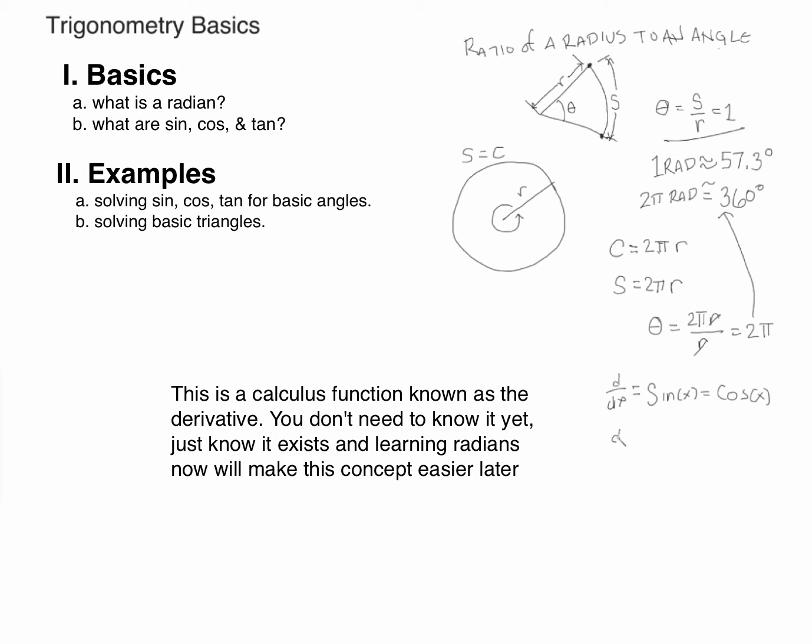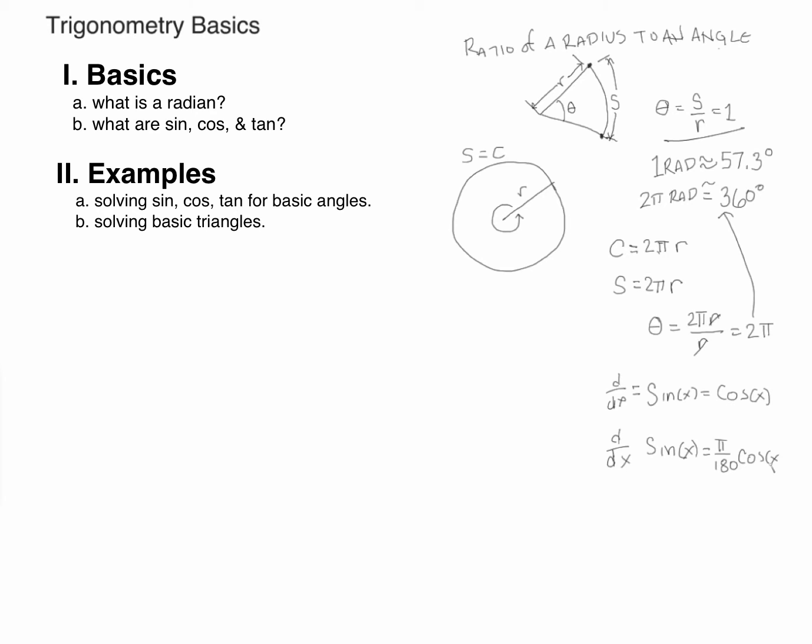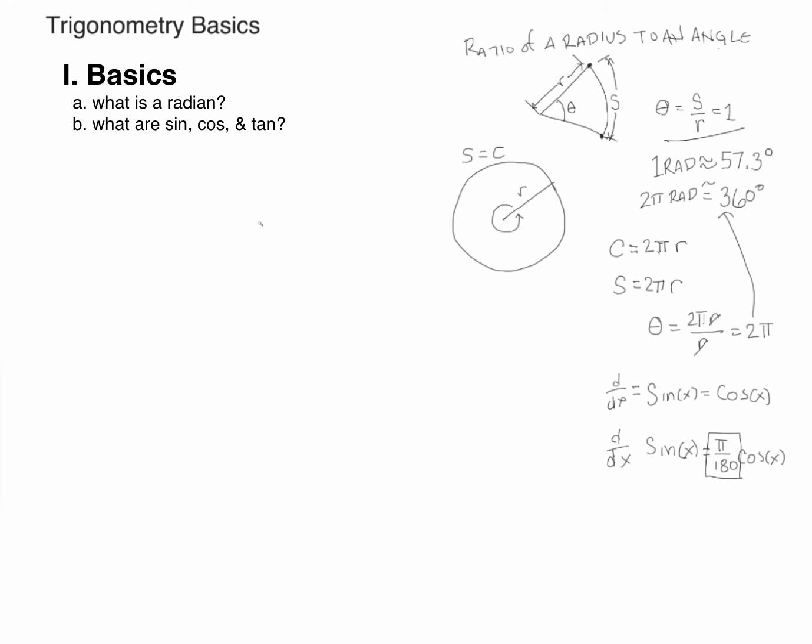If, though, you're using degrees, d over dx of sine of x is actually going to equal pi over 180 times the cosine of x. So, you add this extra complexity here. It's no fun. Right now, when we convert, we're going to have to do the same thing, but at least we're only going to do it for a little while, and then we're going to stick to radians.